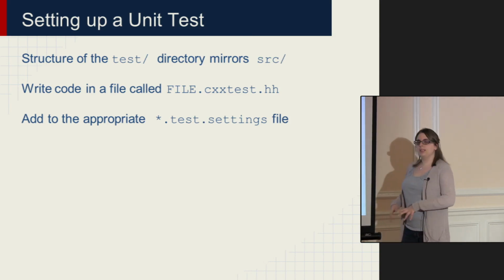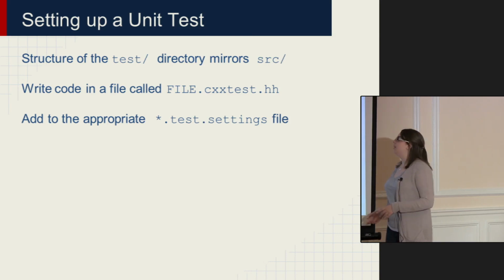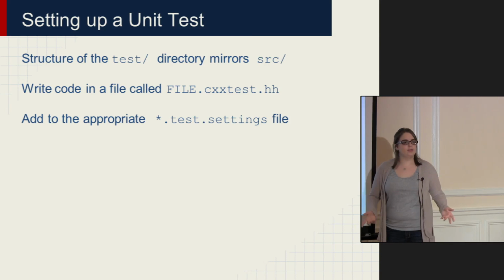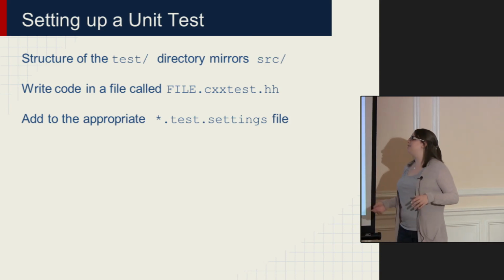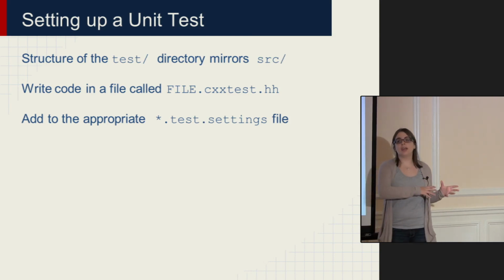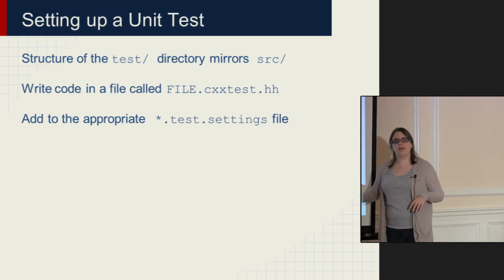So if you want to define a test for core scoring score function, you'd put that in test core scoring and so forth. And then you can define, as I mentioned earlier, file.cxxtest.hh. And then just as you'd add a file to the build settings, you would do this similarly by adding it to the appropriate test.settings file.